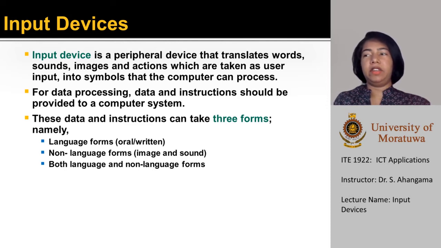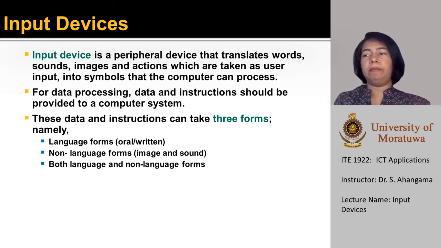These data and instructions can take three forms: language form, non-language form, and both language and non-language form together. We can consider language form as oral symbolic and written symbolic. Here, written symbolic form can be further divided as character-based and numeric-based.